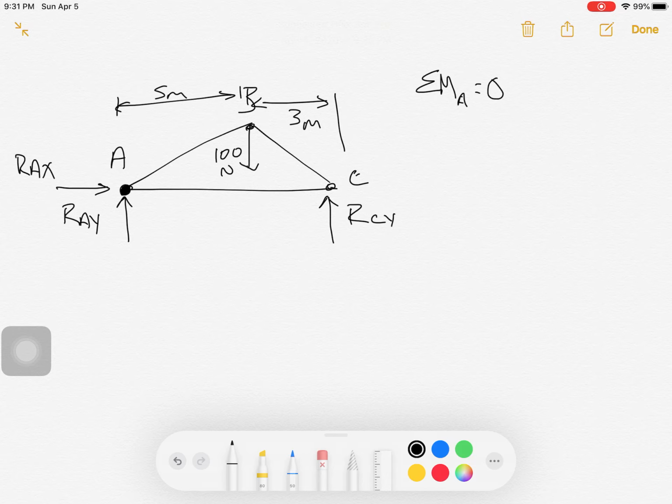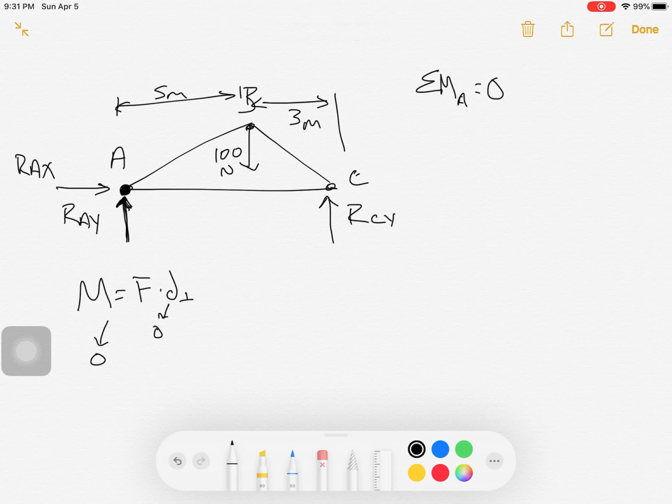Now let's look at the moments around A. So this force, the reaction at A in the y direction, does not create a moment, because remember, a moment is a force times a distance. There's no distance between RAY and point A. It goes through point A. So that distance would be 0, so the moment would be 0.